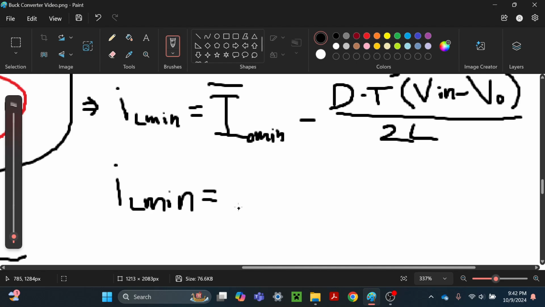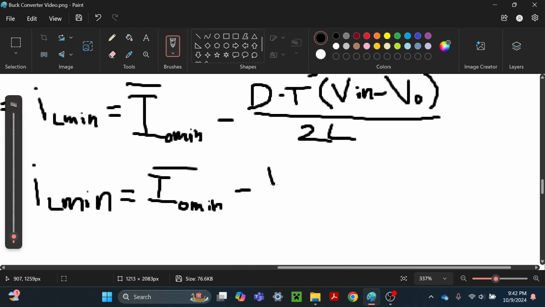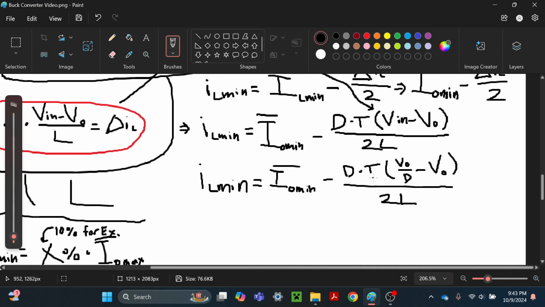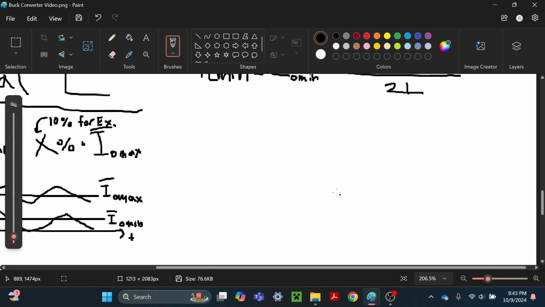is equal to I out min minus d times t times V out over d minus V out over 2L. So remember t, the period, is the inverse of the frequency, right?